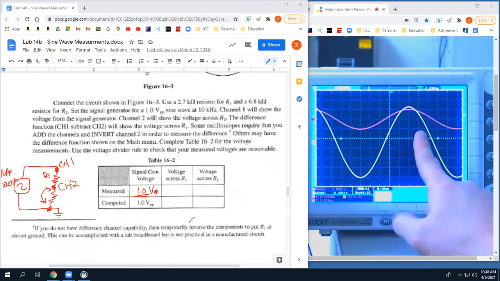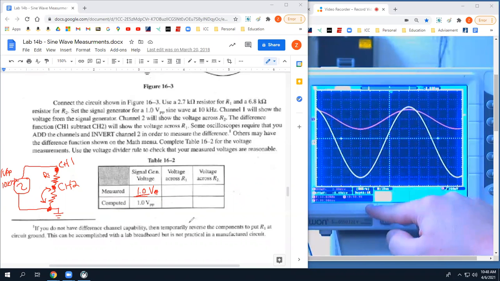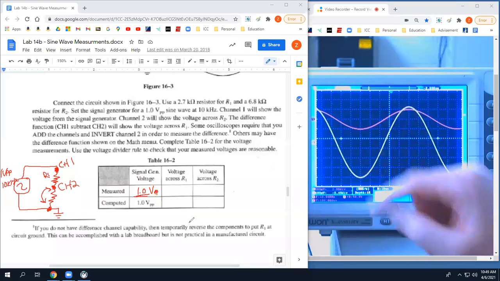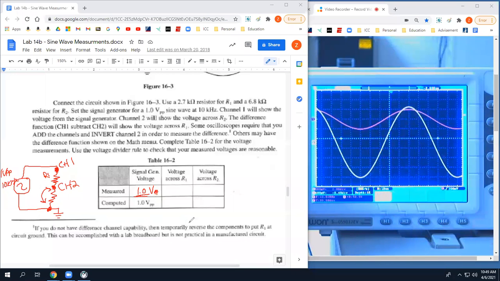So 7.3 times 100 millivolts would be 730 millivolts.